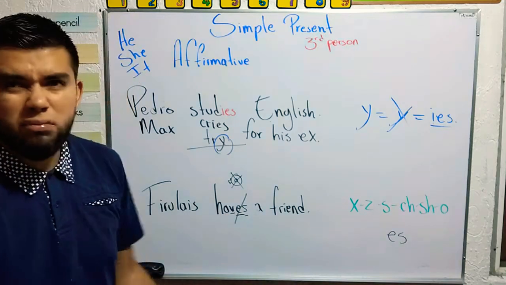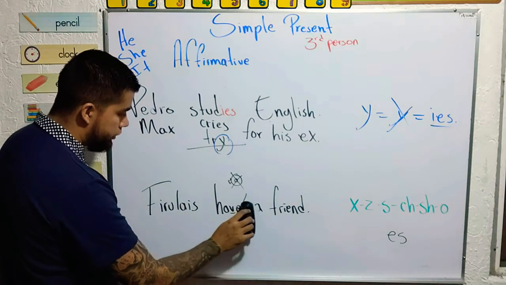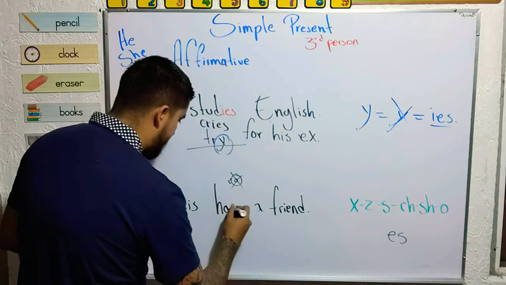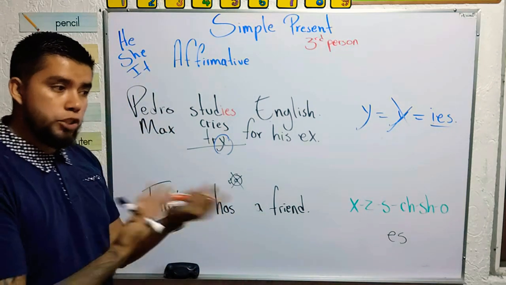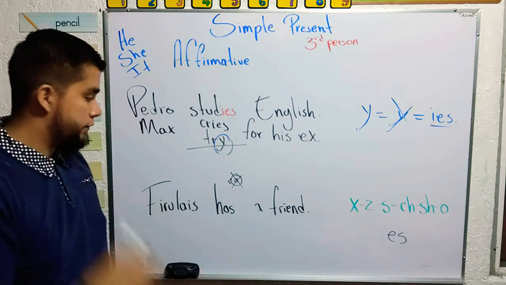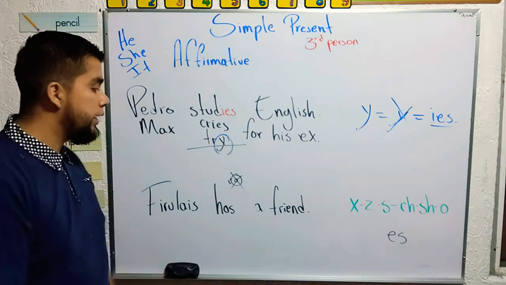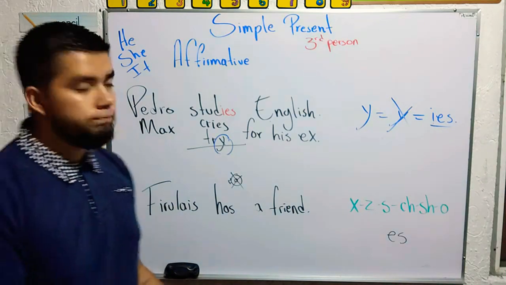Haves. That's not correct. So for the third person, we are going to use has. I have, she has, he has, you have. So Firulais has a friend. That is simple present, third person. Okay, well, that's it.